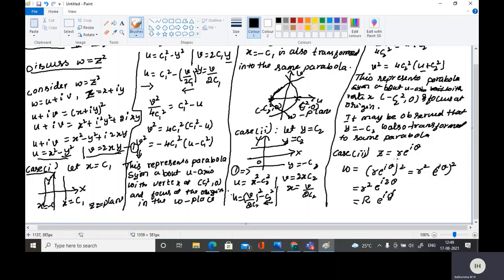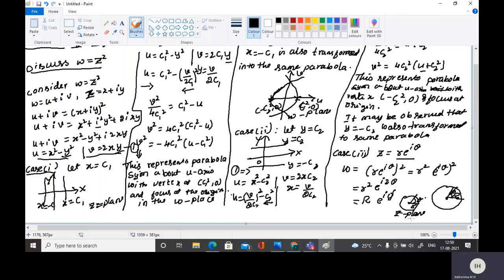As we know, r e power i theta represents a circle with center at origin and radius r. This in the z plane maps to a circle with center at origin only, but with radius capital R, and the angle is 2 theta, that is phi. Here the angle is phi, here the angle is theta.